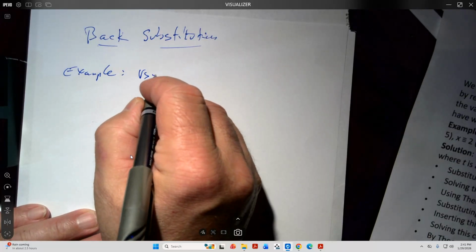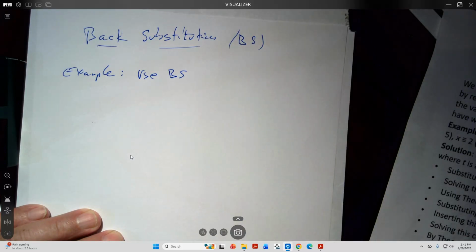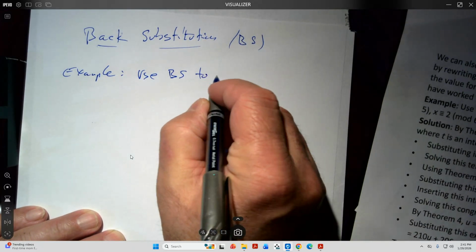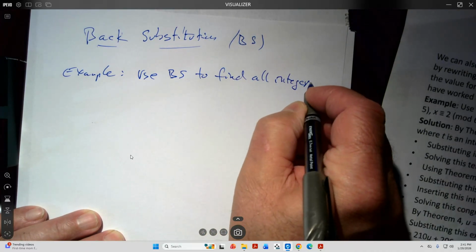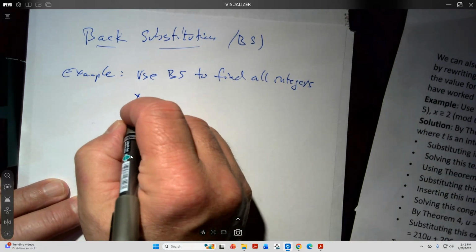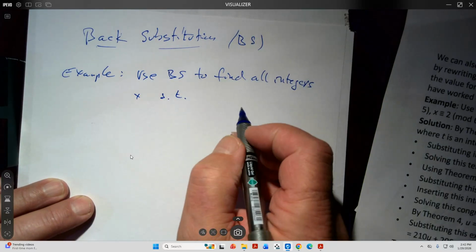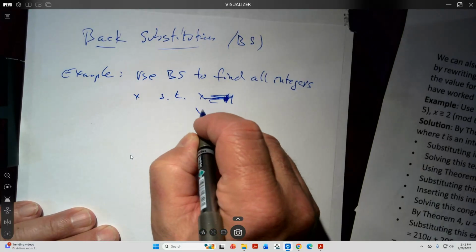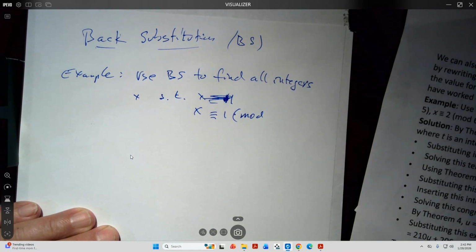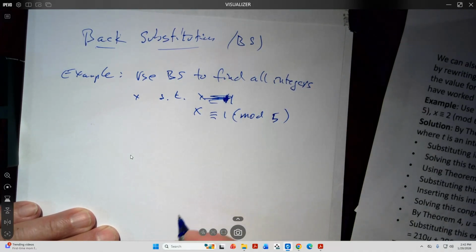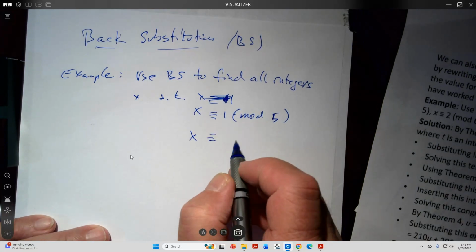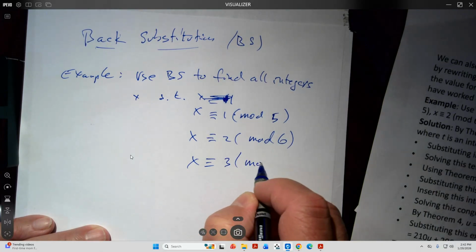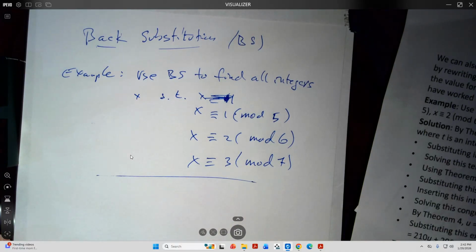Use back substitution to find all integers x such that x is congruent to 1 mod 5, x is congruent to 2 mod 6, and x is congruent to 3 mod 7. Okay, so that's the example.